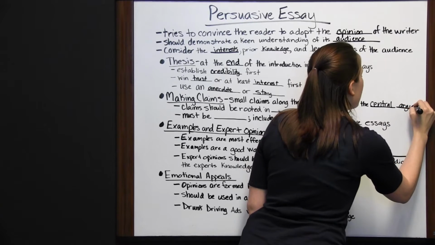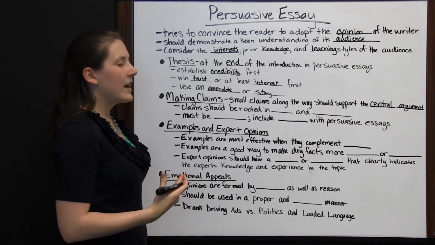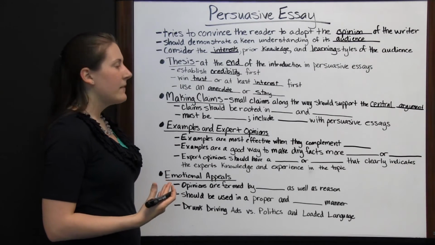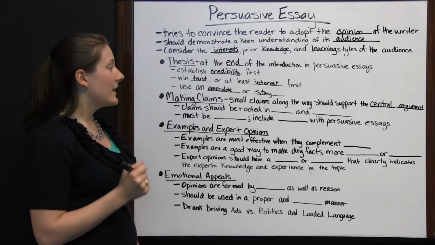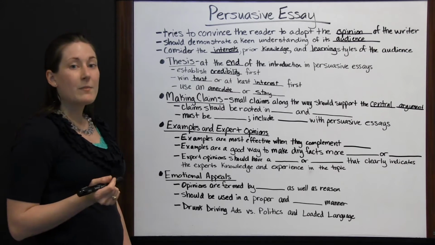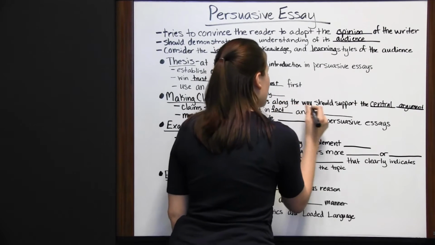You make one big claim at the beginning when you tell people what it is you're writing about, what it is you're trying to convince them of, but you're going to make several small claims along the way that support that central argument. Claims should be rooted in fact and observation.